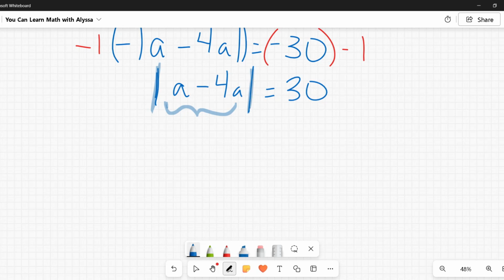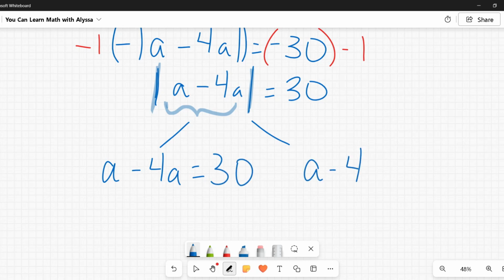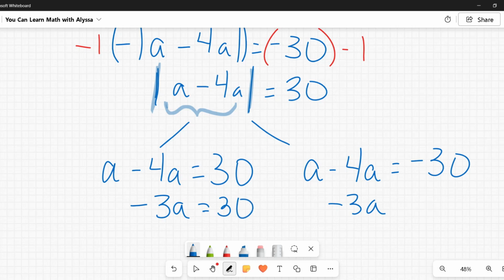So to solve it, you'd have to do two different options. You have to say when a minus 4a equals a positive 30, or when a minus 4a equals a negative 30. So a minus 4a is negative 3a, and that's on both sides, except in one it's a positive 30, and one it's a negative 30.